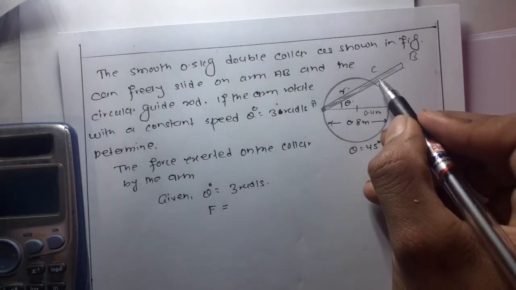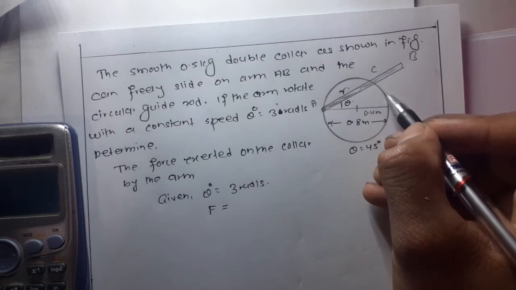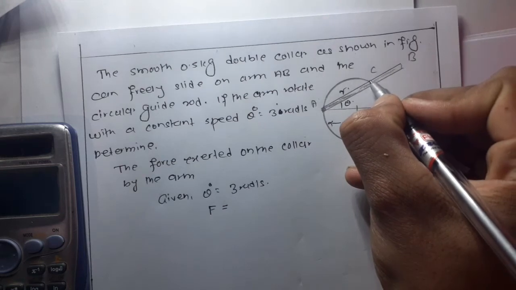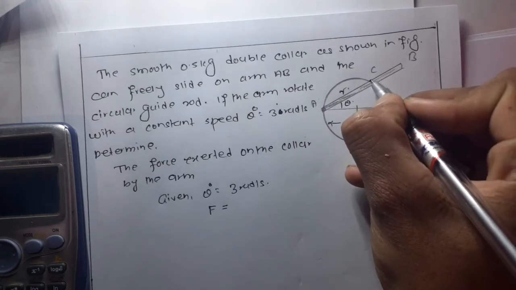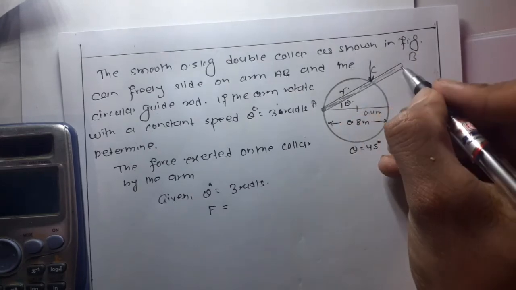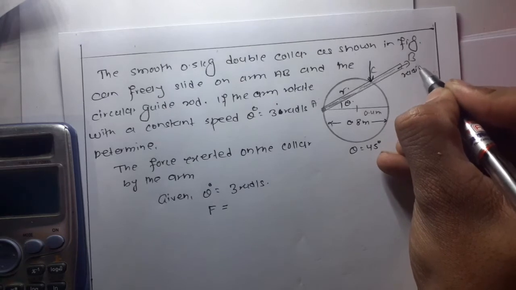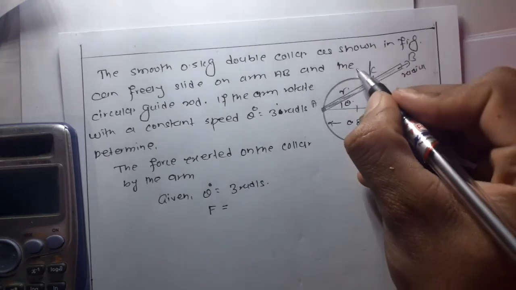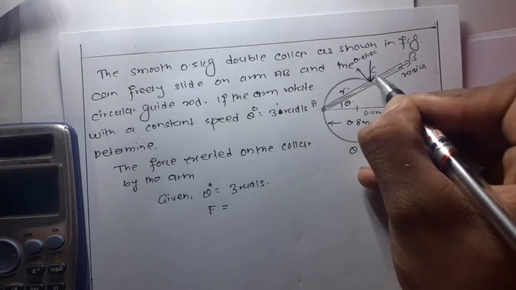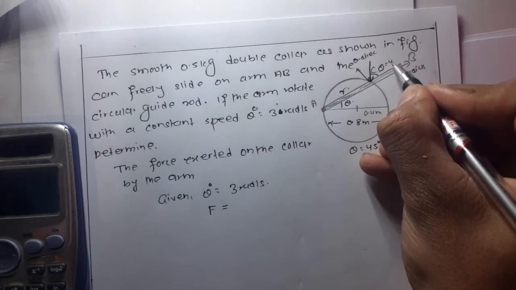Now this collar slides on this circular rod, so the normal reaction acts perpendicular to this. Let's say this is the radial direction, and perpendicular to this is the theta direction, and this angle is also theta, that is 45 degrees.